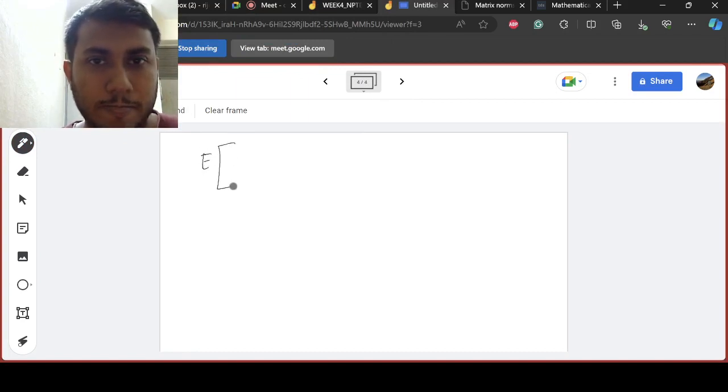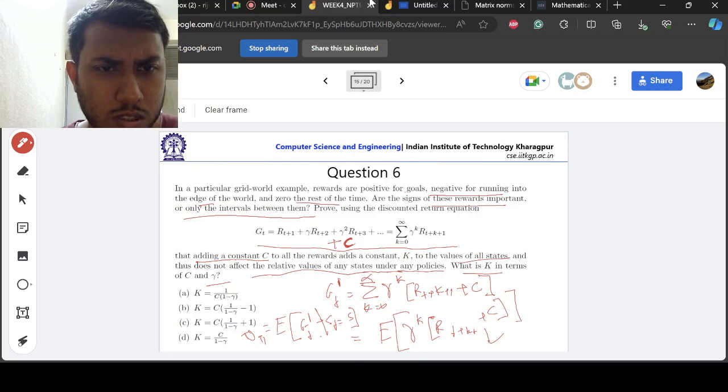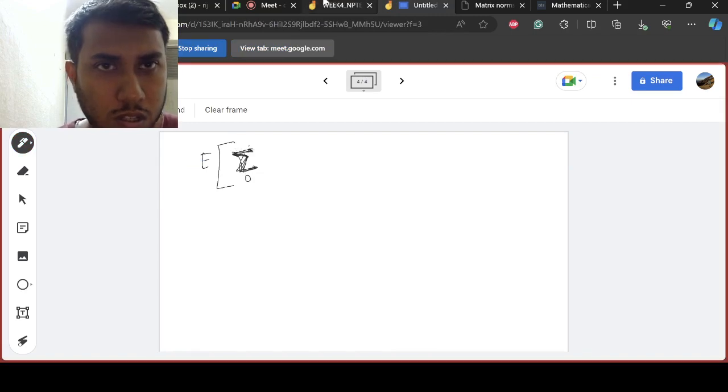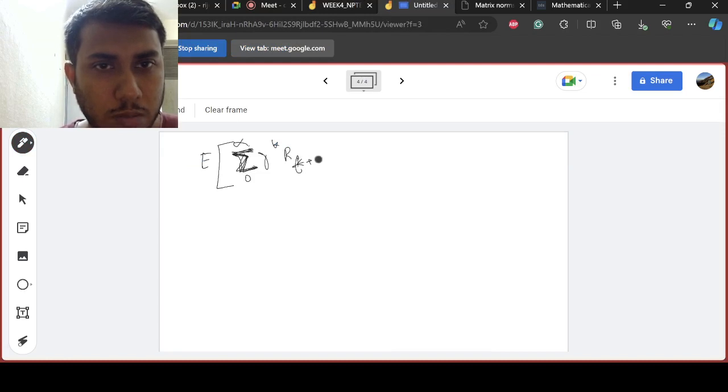E is equal to summation 0 to infinity gamma to the power k, r t plus k plus 1, plus c.